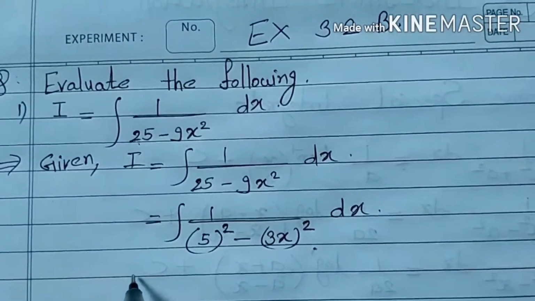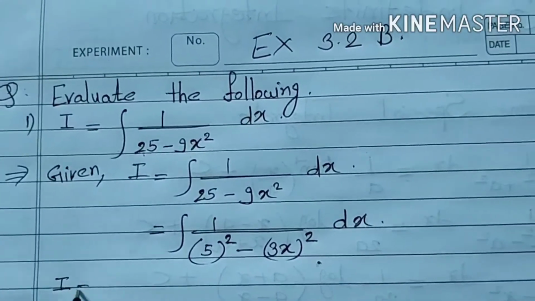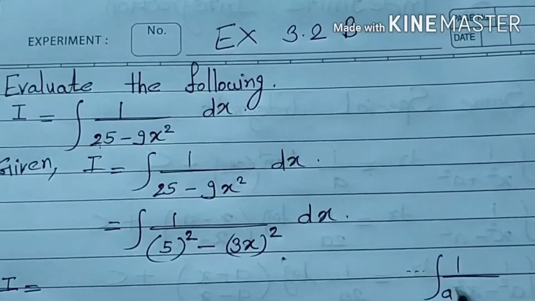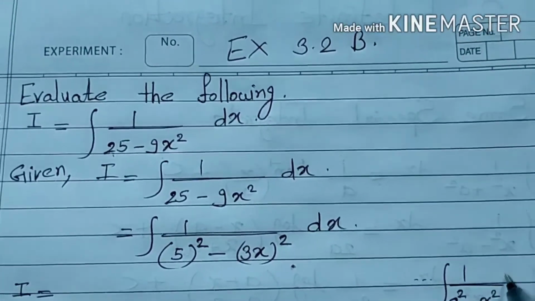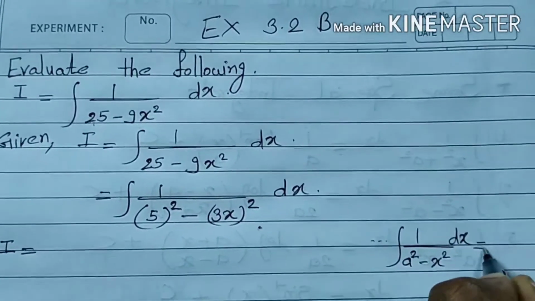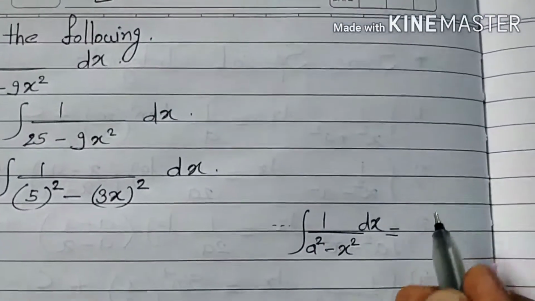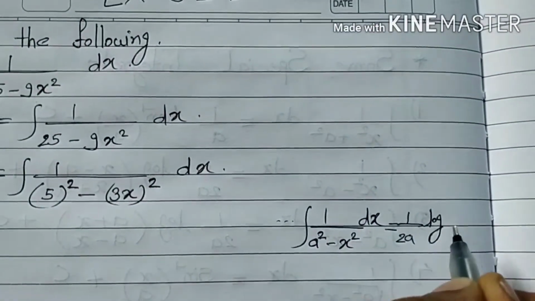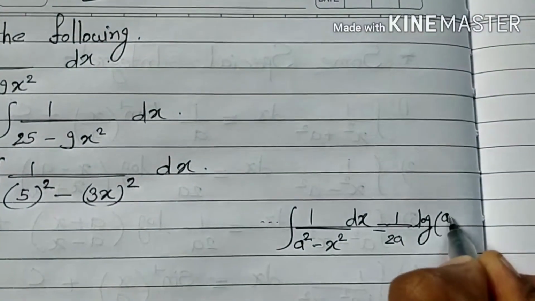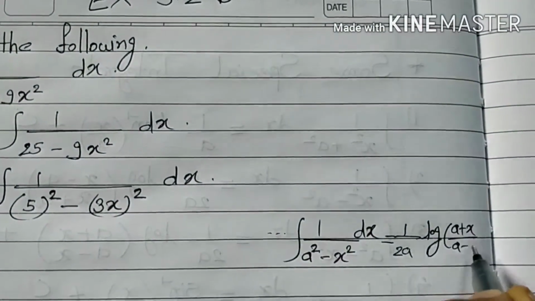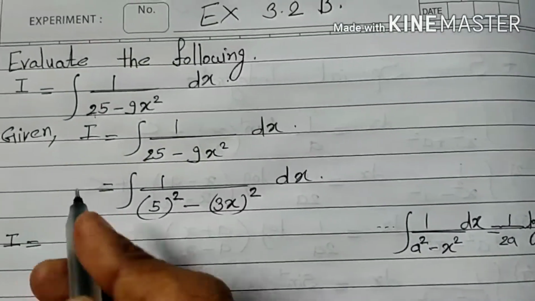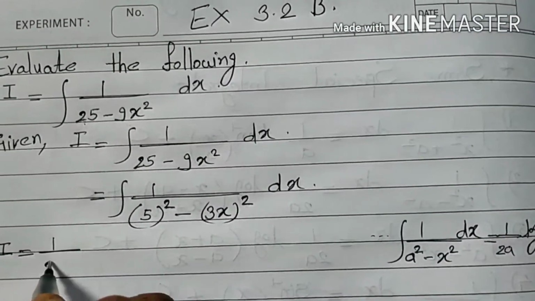Now using the formula. So I is equal to, what is the formula? Integration of 1 upon a square minus x square dx is equal to 1 upon 2a log a plus x upon a minus x plus c. So using this, here is 1 upon 2a.